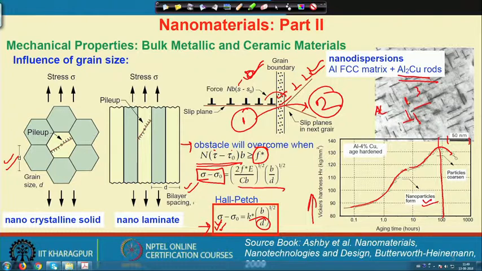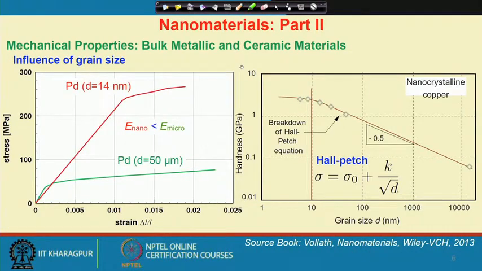This is the situation, let us say, with aging time in aluminum 4% copper. So, strengthening material using nanomaterial is nothing new. However, we can proceed with this discussion to find some real life examples.